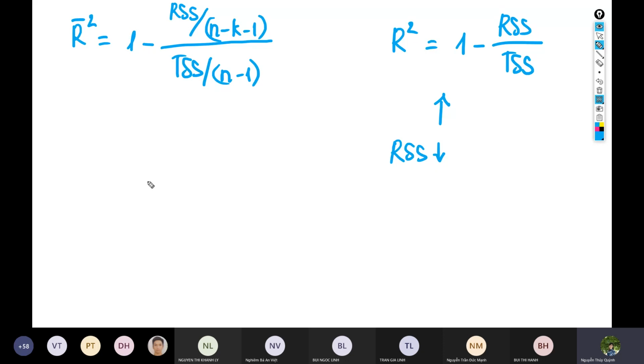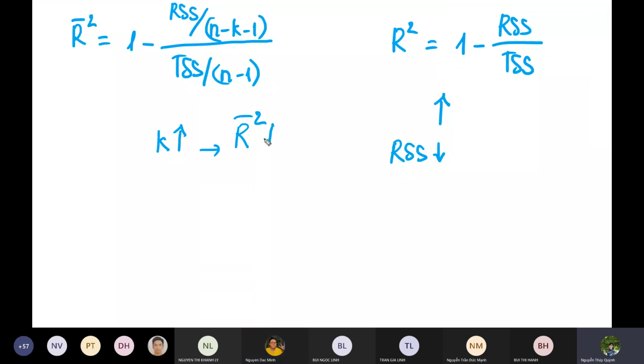K. Okay, so what happened to K? K will increase by 1 unit. So K increases when we add more independent variables into the model. When K increases, what happens to the value of the adjusted coefficient of determination? It will decrease, right?